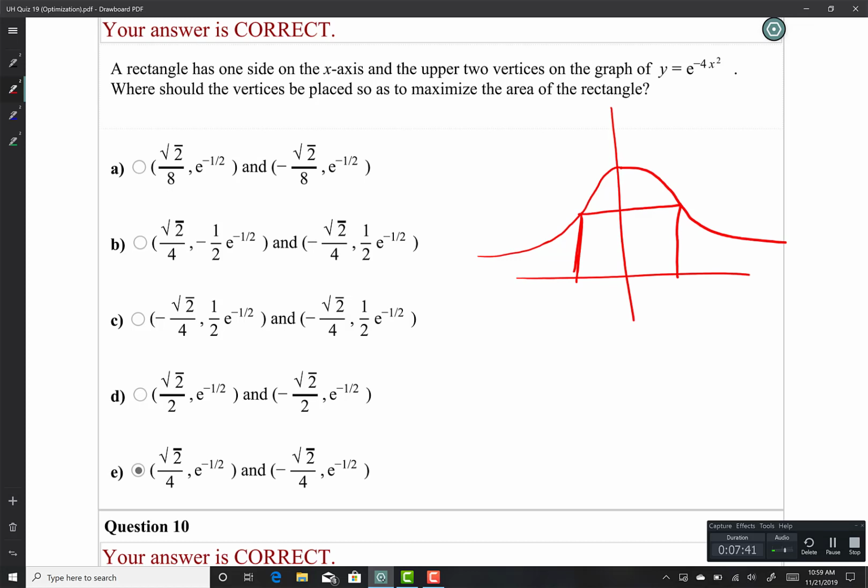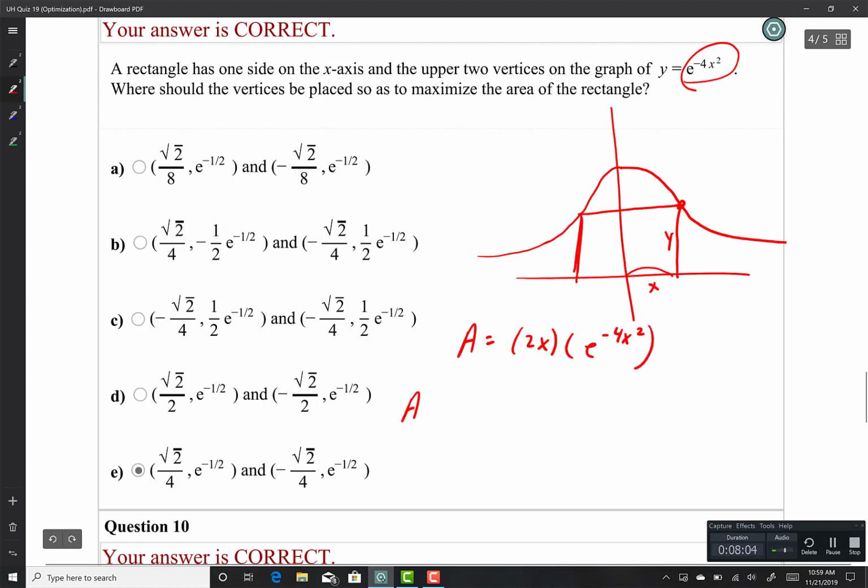So let's see. The distance from here to here, that is some x value, and this is the y value, and that depends on the curve, which is e to the negative 4x squared. All right, so my area is going to be 2x times e to the negative 4x squared.